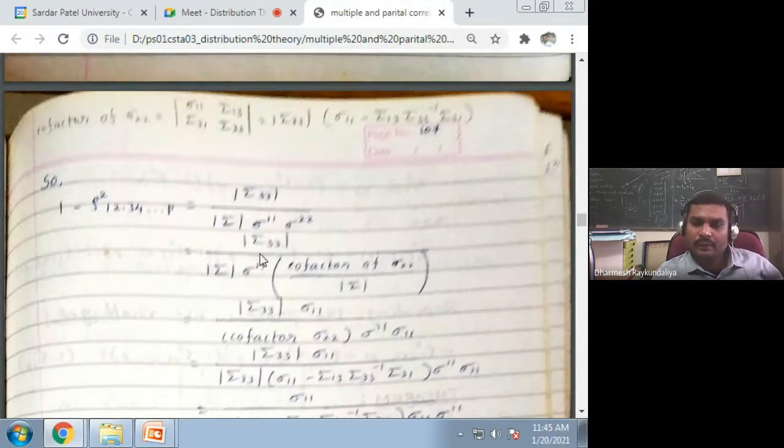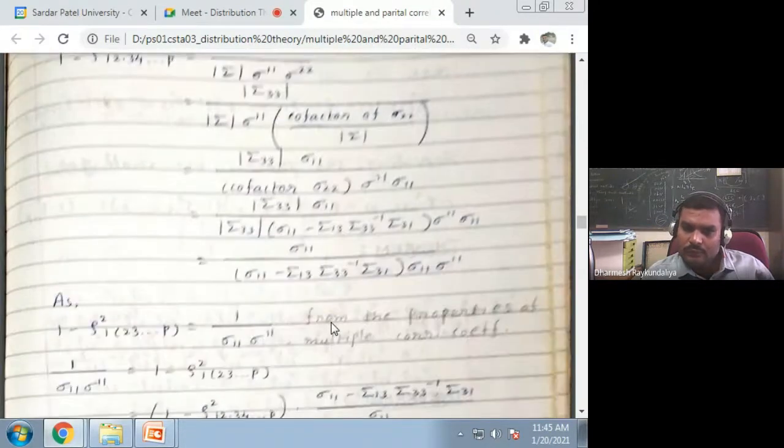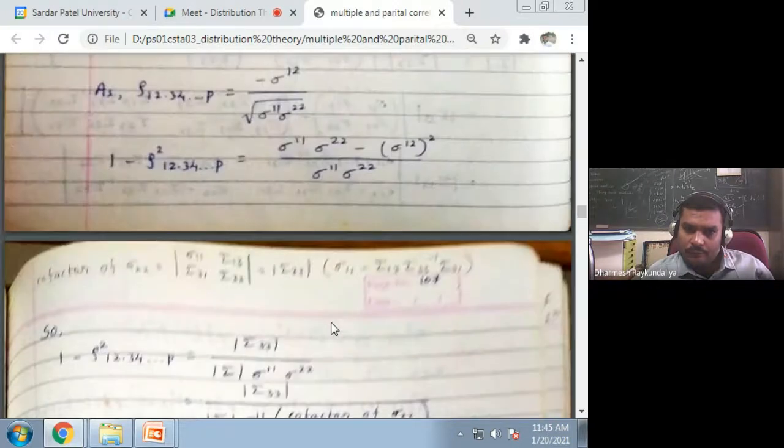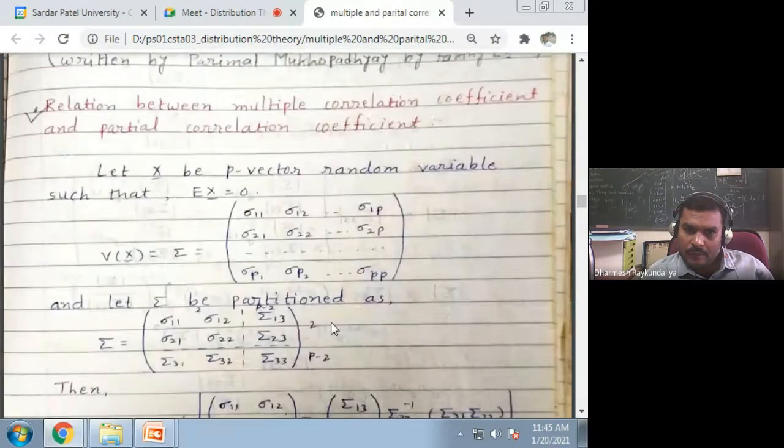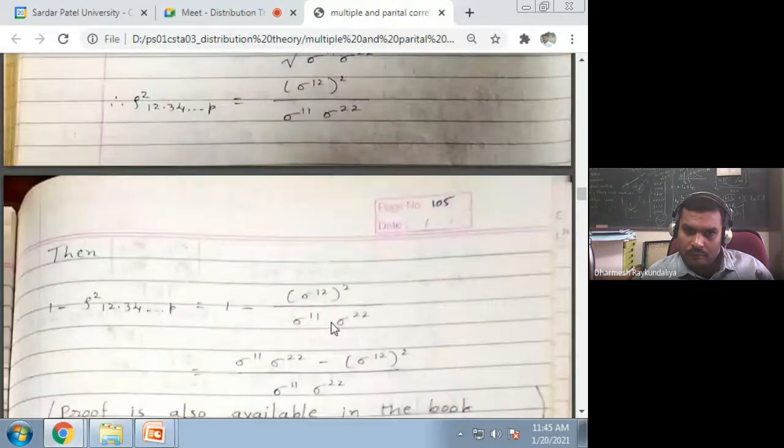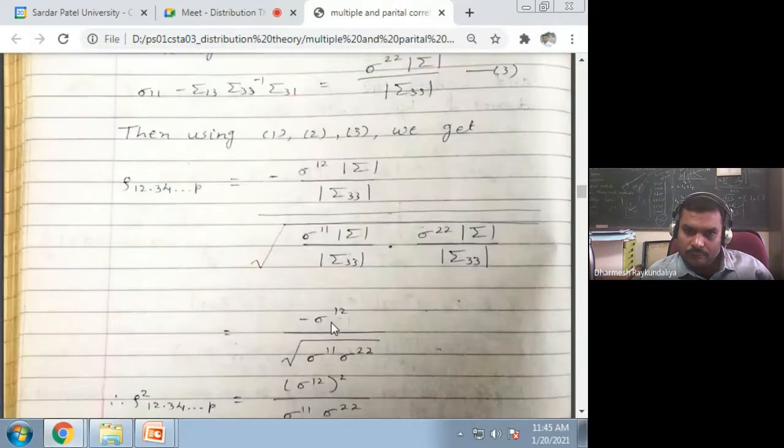So this is determinant of sigma 3 3 divided by determinant of sigma. And this I am writing as the cofactor of this, so this determinant will cancel out. So what is that? Let us see what we write at sigma 1 1.